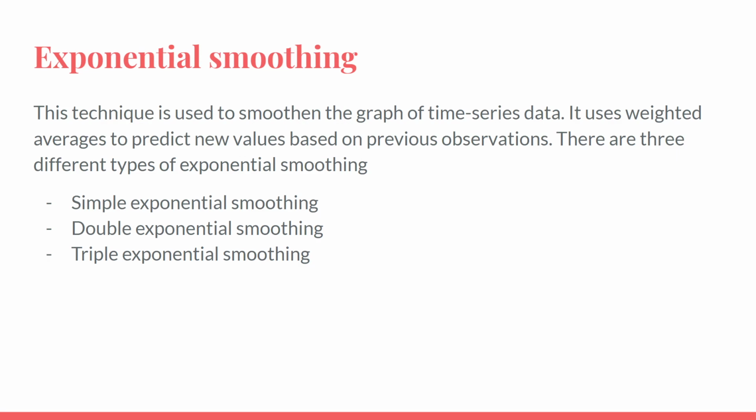There are three different types of exponential smoothing, which are simple exponential smoothing, double exponential smoothing, and triple exponential smoothing.